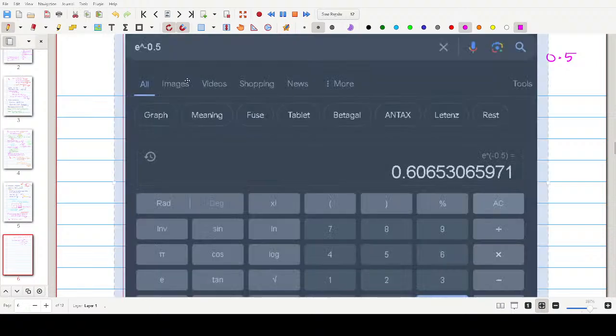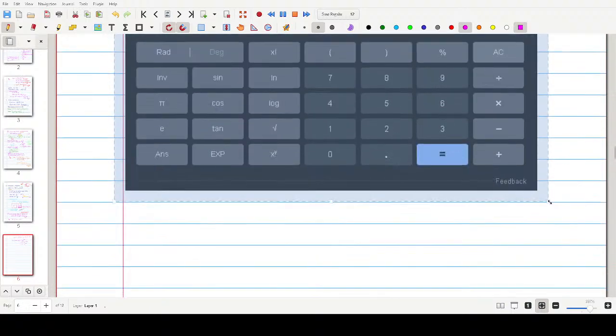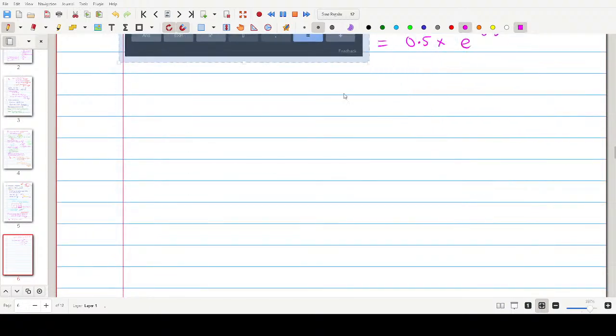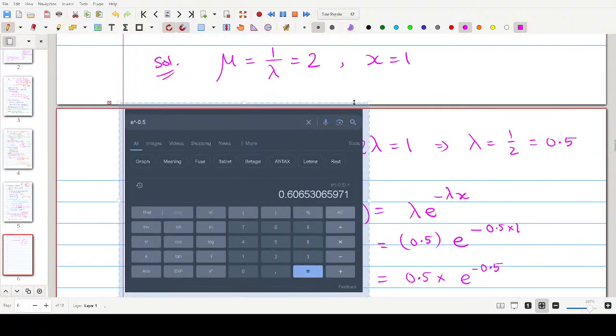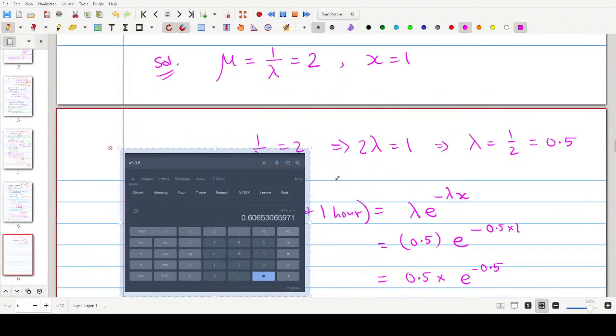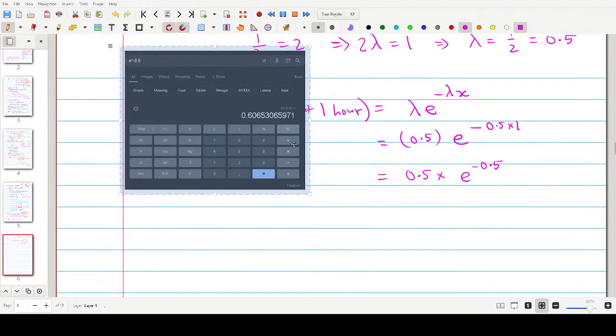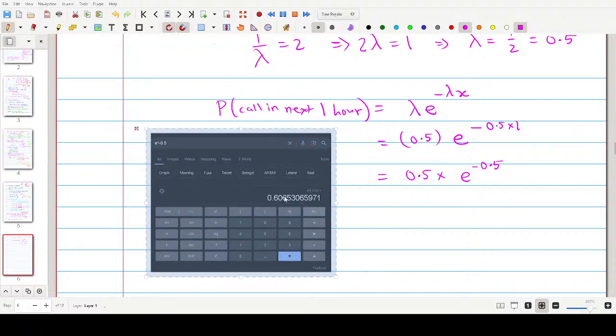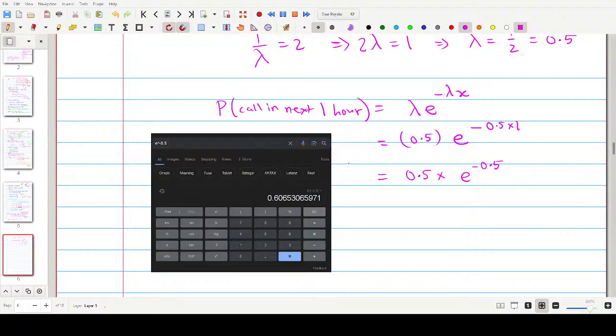This is how it looks like. I have typed e raised to the power minus 0.5 on the screen. You can see it. So I have typed this one on Google, and Google has given me the answer.